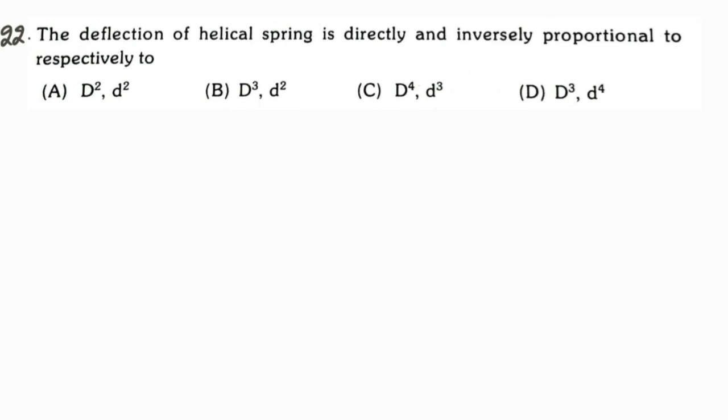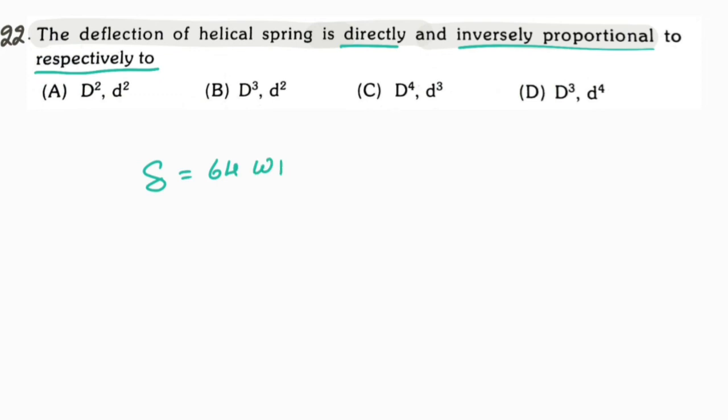Look at the next problem. The deflection of helical spring is directly and inversely proportional, respectively, to what? As you know, deflection delta equals 64 W R cube N by G d power 4.